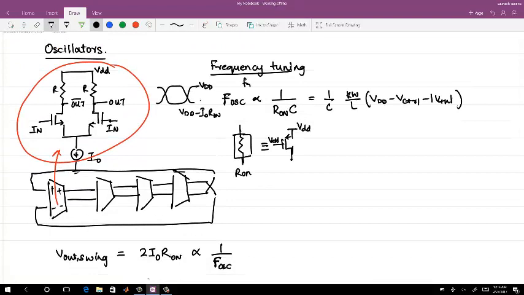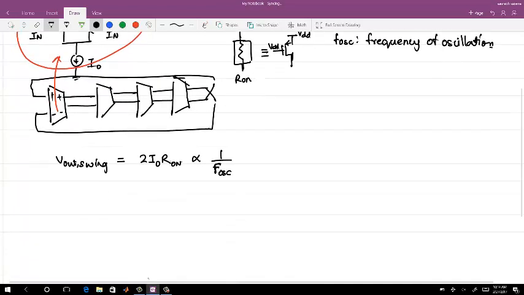F oscillation is the frequency of oscillation. So we saw in the last class till here. Let me point out what the things are here.